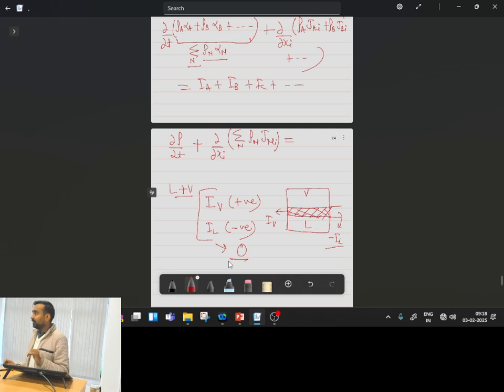Is this point clear? Now likewise, when I have n phases present in the system, what will be happening? The mass of one may be increasing, say A phase mass is increasing. But while A's mass is increasing, some other phase mass has to decrease, from somewhere it has to come.